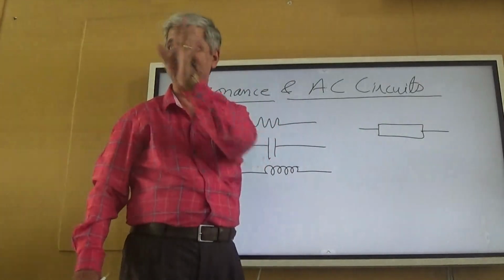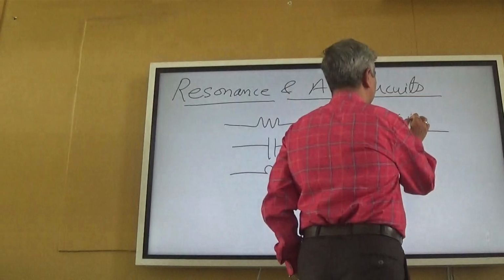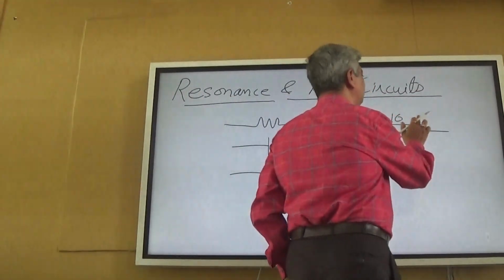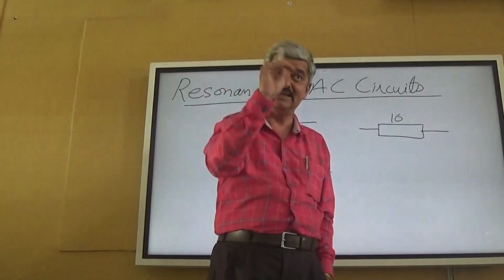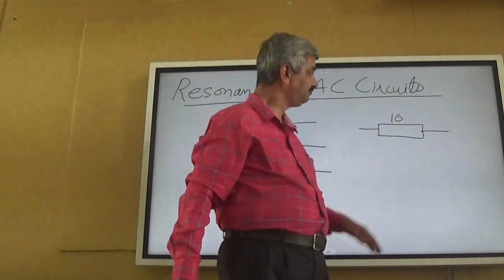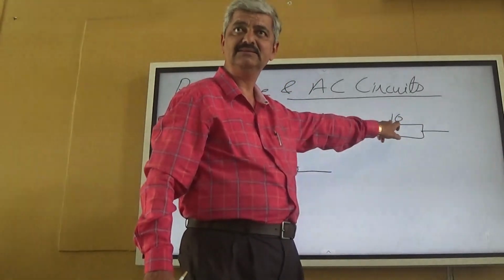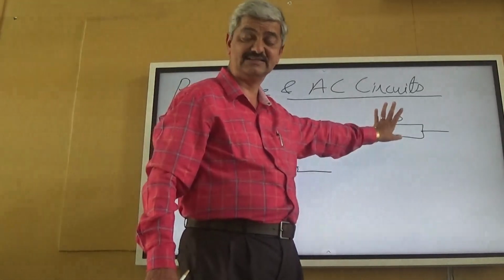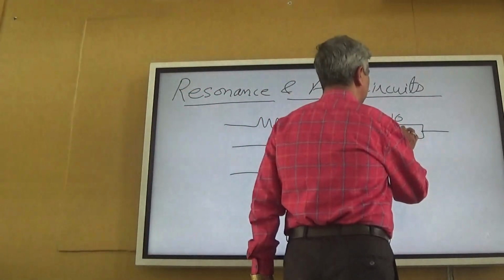Its impedance, if I put it as 10 ohm, the unit is ohm. Unit of impedance is ohm. So if I put, say, 10, it is a resistor. So in general it is having Z.